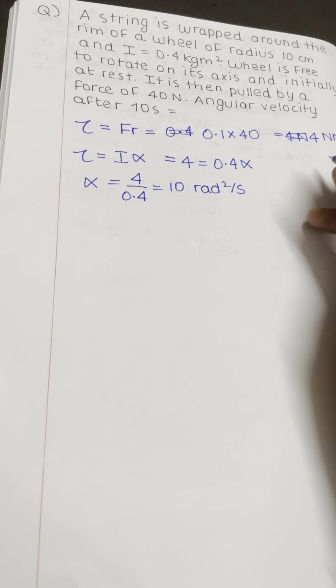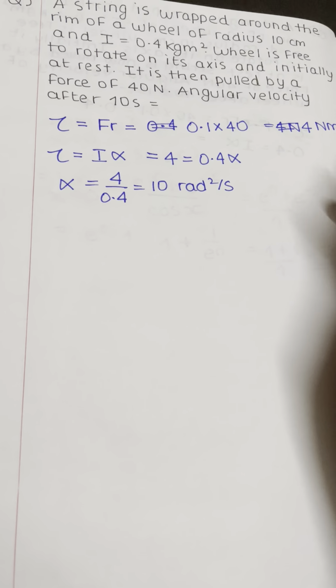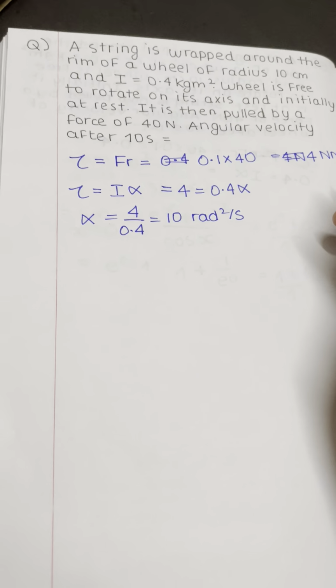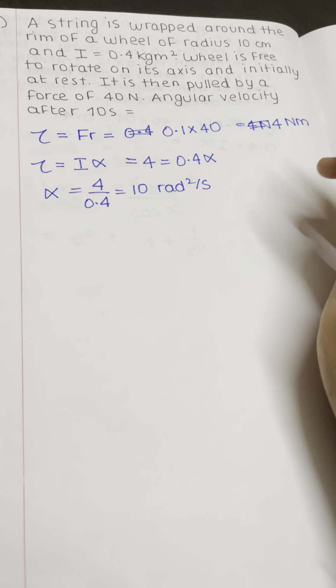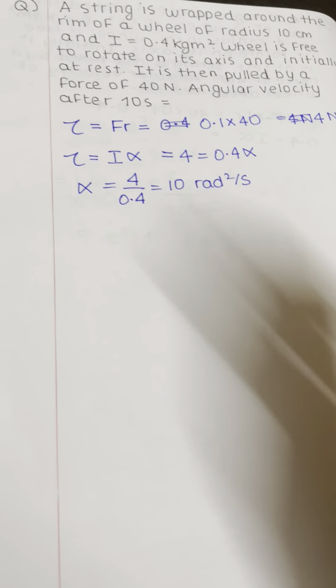So now we've got alpha, but they're asking for the angular velocity. Angular velocity can be derived from angular acceleration the same way normal velocity is derived from normal acceleration. In fact, it's the same kinematics equation, with the analogous values.